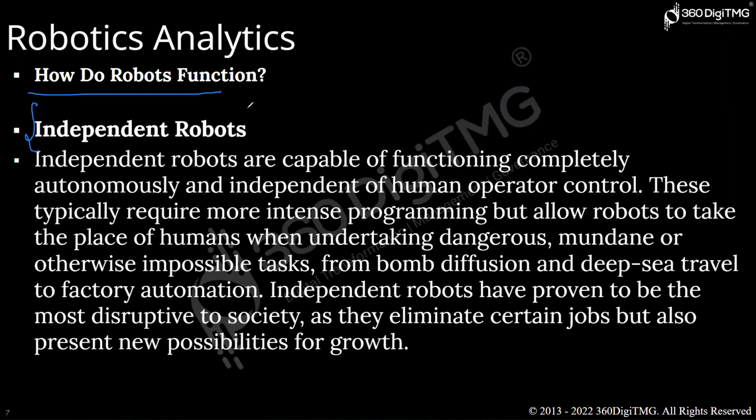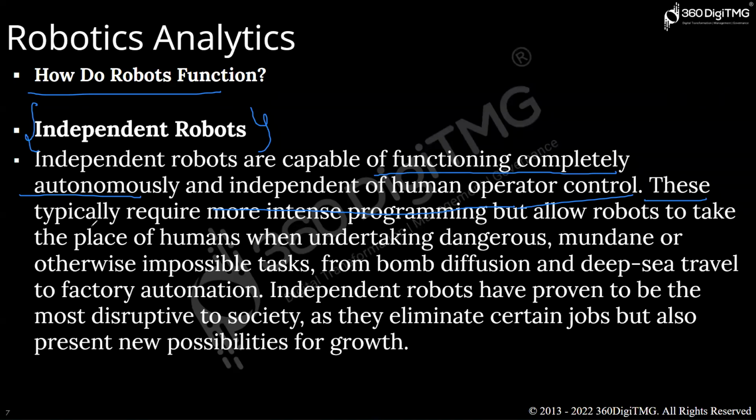Independent robots are capable of functioning completely autonomously. They're not going to take help from any human or any other devices; they take care of themselves. These independent robots function completely autonomously, independent of human operator control. There is no human interference; they activate themselves.